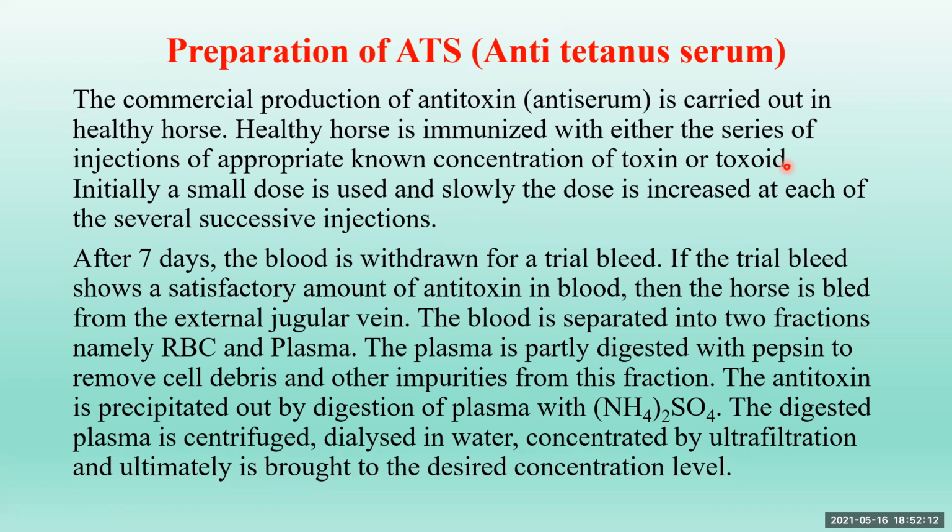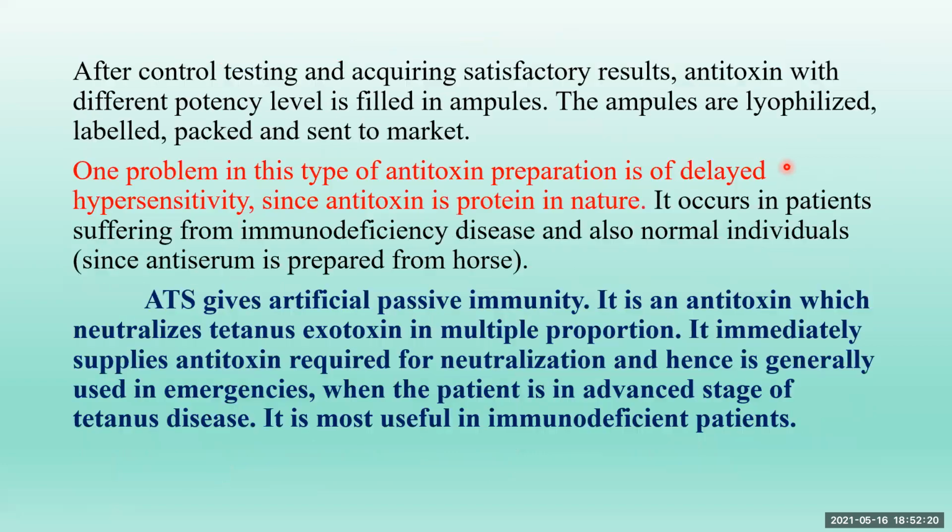The digested plasma is centrifuged, dialyzed in water, concentrated by ultrafiltration, and ultimately is brought to desired concentration level. And after control testing, and after acquiring satisfactory result, antitoxins with different potency level are filled in ampules. Ampules are lyophilized, labeled, packed, and sent to market.